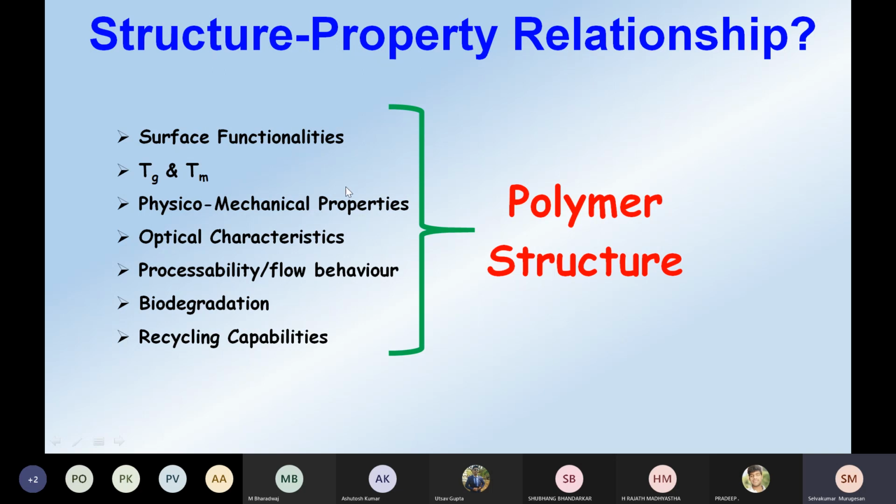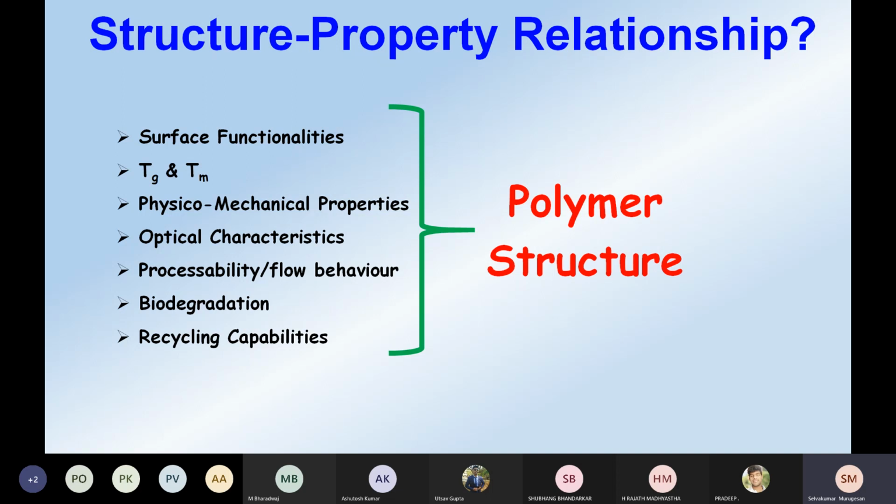If you know the surface functionality, you can predict some of the properties, and of course thermal factors like Tg and Tm. If you know the Tg and Tm, you can decide where to use your polymer for high strength, brittle nature, or for applications that need highly laminated material. Then you should know exactly where the Tg or melting temperature of your polymer is.